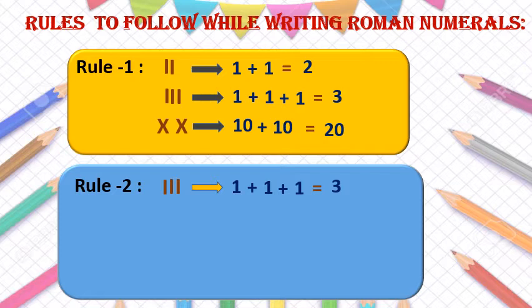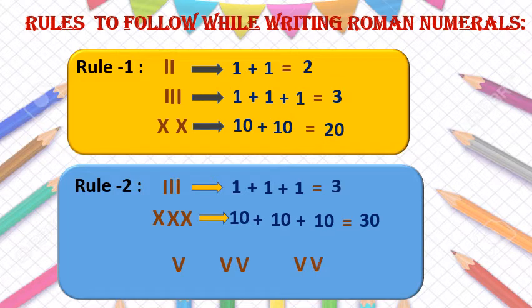Means we can write this maximum 3 times, not more than that. Okay, you can use that one time, or in 2 times you can use, or 3 times. Maximum is thrice you can use the same number. Now here also X also we can write 3 times. That is the maximum. Okay, see here 10 plus 10 plus 10 means is equal to 30.